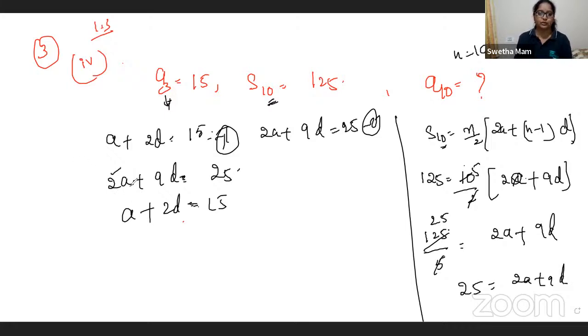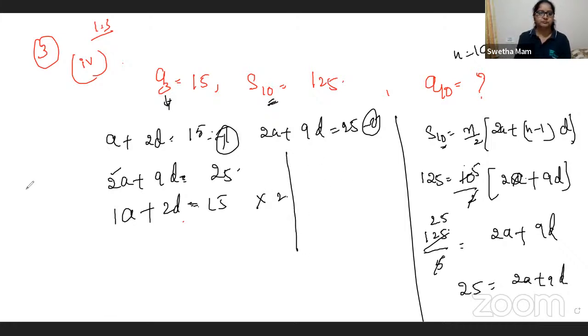Here the coefficient of a is 2, and the coefficient of a is 1. So we cannot cancel the term a. So what we have to do, we have to make the coefficients the same, equal. What should we do? Just multiply the second equation by 2. Multiply the whole equation by 2.